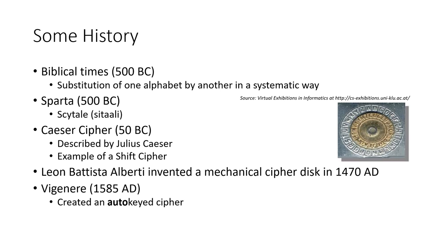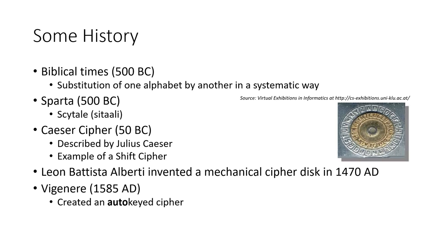So going back to the history of encryption itself, in biblical times, around 500 BC or so, people knew how to substitute one alphabet by another in a systematic way, or letters in an alphabet by other letters in a systematic way.